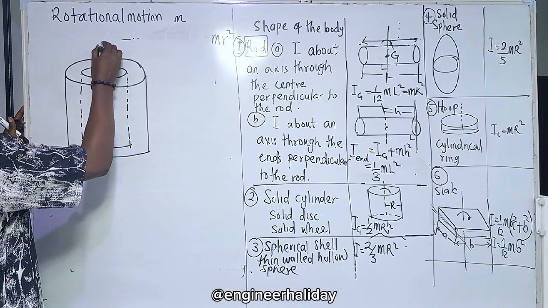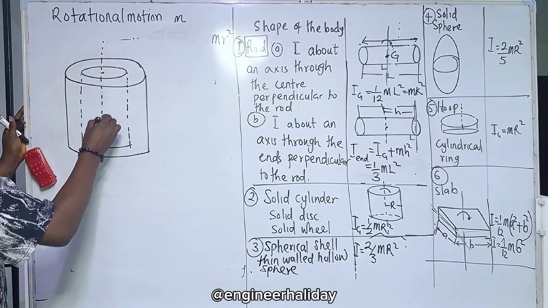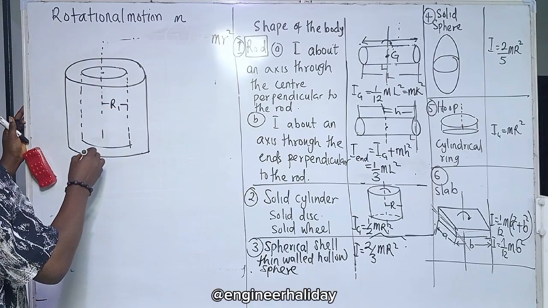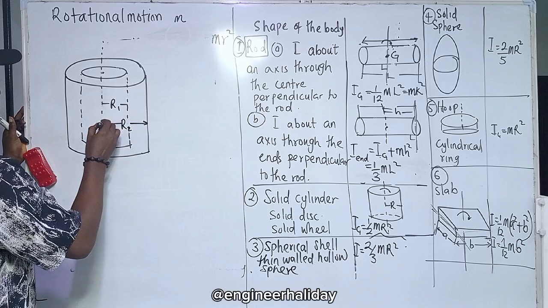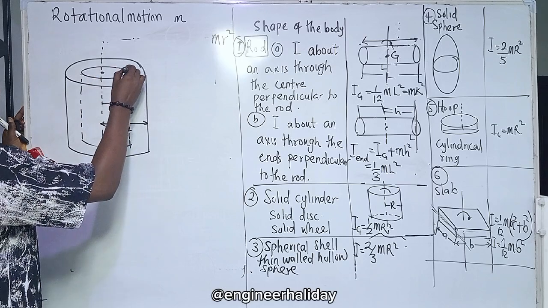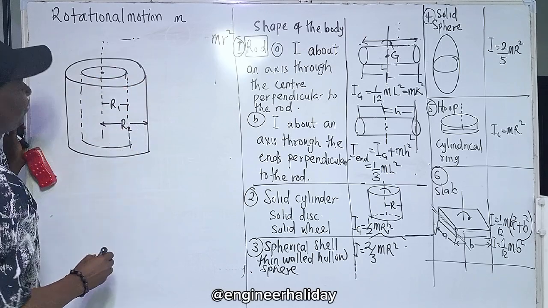From the center we have R1, then from this to this way R2. From the center to this end is the internal radius, and the external radius.